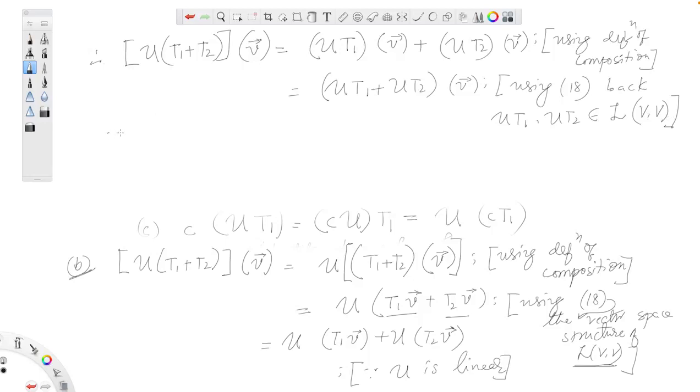So we end up with U composed with (T1 plus T2) being the same as U T1 plus U T2.